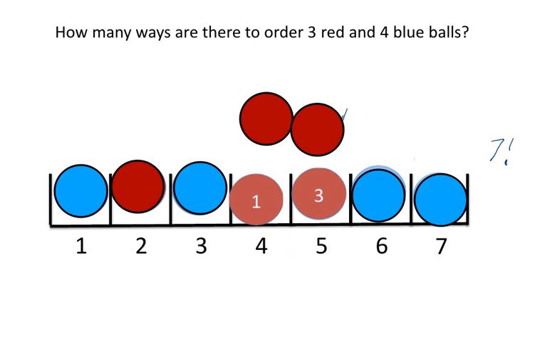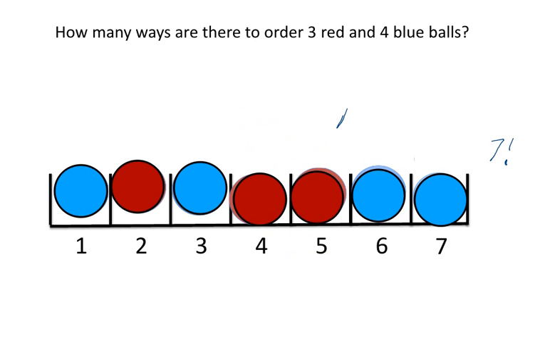So what that means is, again, that we're overcounting. The number of ways to order the red balls is 3 factorial. The number of ways to order the 4 blue balls is 4 factorial. So what we get at the end is 7 factorial, that's when the balls are all different, divided by 3 factorial times 4 factorial. Okay, hope that helps you.